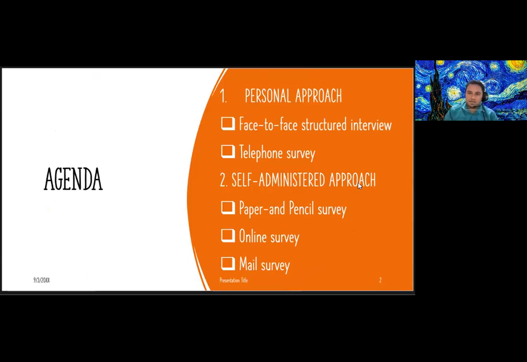First is the personal approach. Under it are the face-to-face structured interview and the telephone survey. Second is the self-administered approach. Its examples are as follows: paper and pencil survey, or pen and paper survey, online survey, and mail survey. Let's get to it one by one.